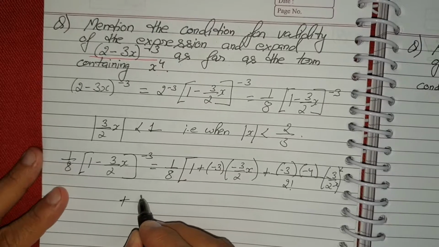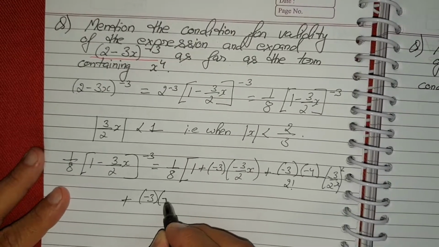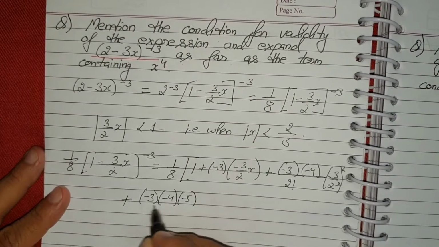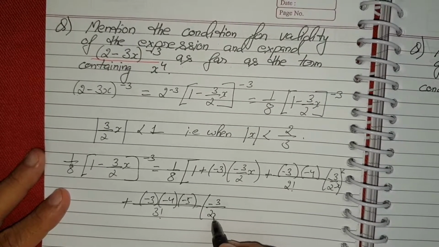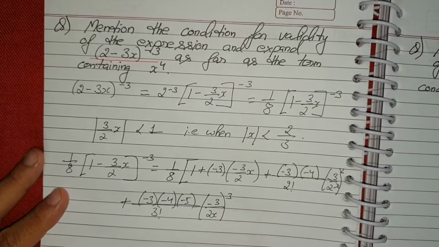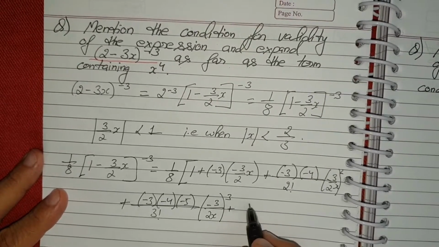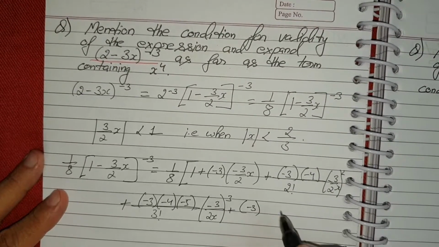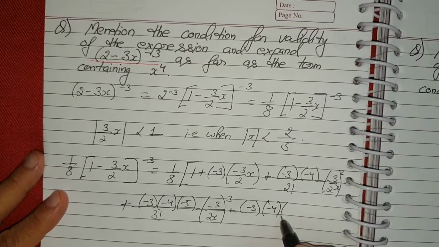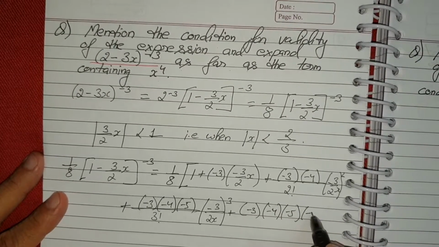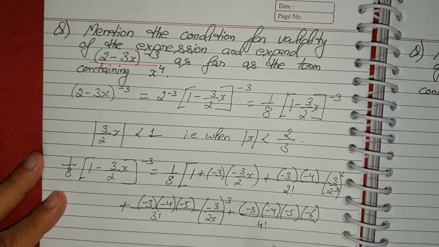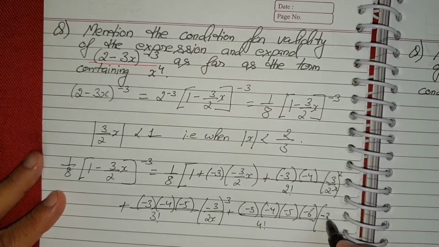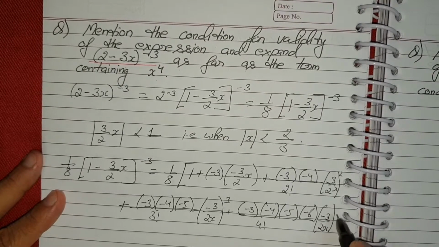Plus again this is minus 3 minus 4 minus 5 by 3 factorial into minus 3 by 2 x whole cube, and again plus this is minus 3 minus 4 minus 5 minus 6 upon 4 factorial into minus 3 by 2 x whole to the power 4.